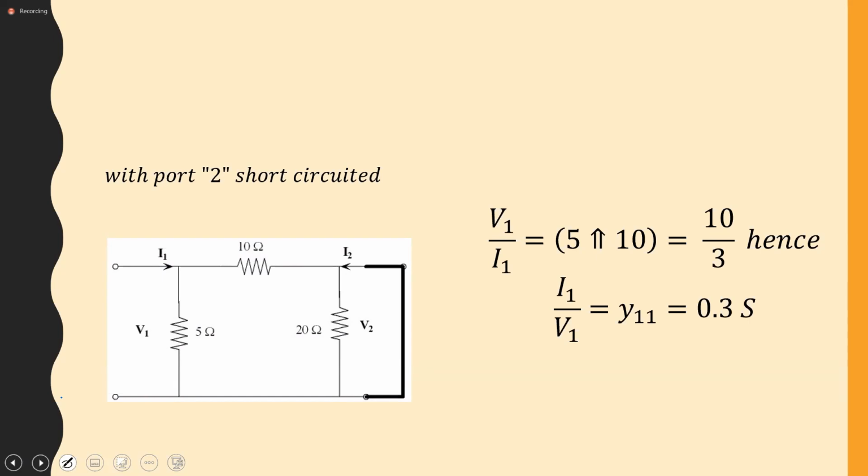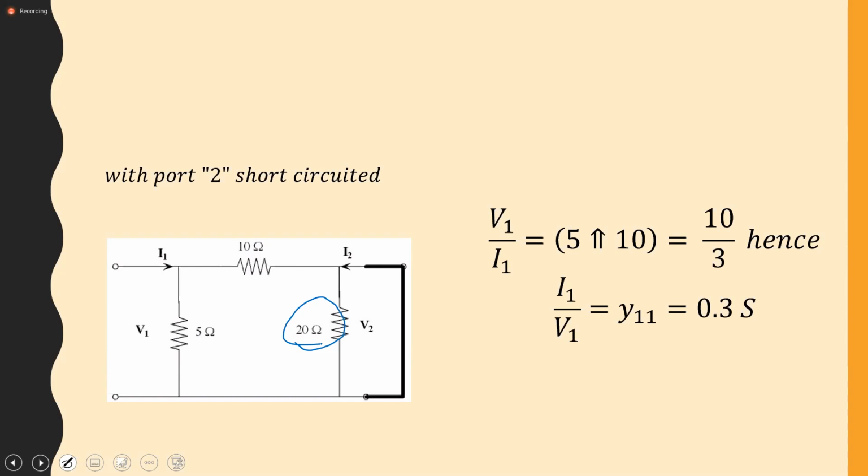V1 over I1, and based on the fact that I have port 2 short circuited, it means that no current will be flowing through this resistor. Fair enough? Whatever current is going through the 10 ohm resistor is the same current that will flow through the short circuited port. Everybody agree with that?